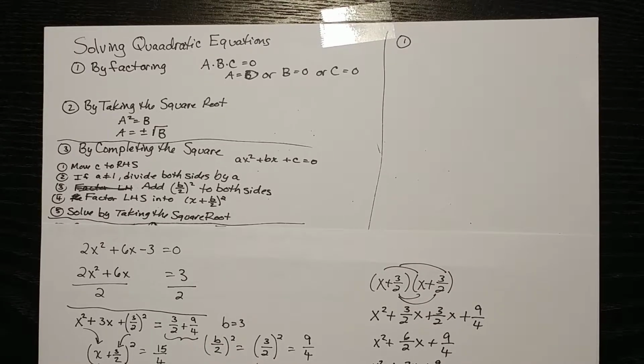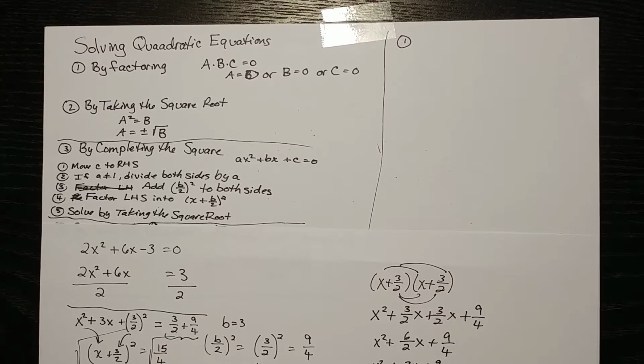Now I have something squared equals something. I simply take the square root of both sides. The square root of x plus 3 halves squared is x plus 3 halves, which is equal to plus or minus the square root of 15 over 4, which can be thought of as the square root of 15 over the square root of 4, which is 2.